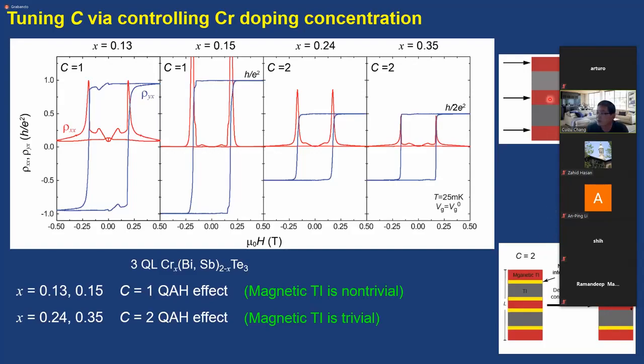If you increase the doping level, this layer becomes topologically trivial, and this is the undoped TI layer. So you will introduce 2 more non-trivial interface states in the middle. So there are 4 non-trivial interface states in this system, and the total Hall conductance will become 2e squared over h. So this is just the quantum anomalous Hall insulator with Chern number equals 2.